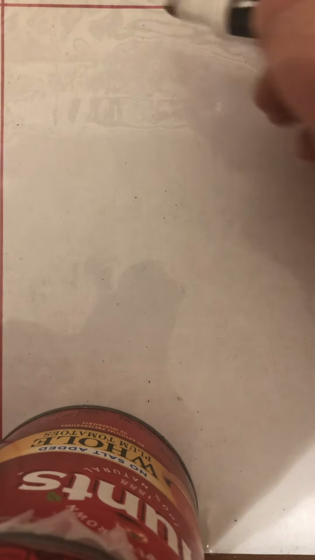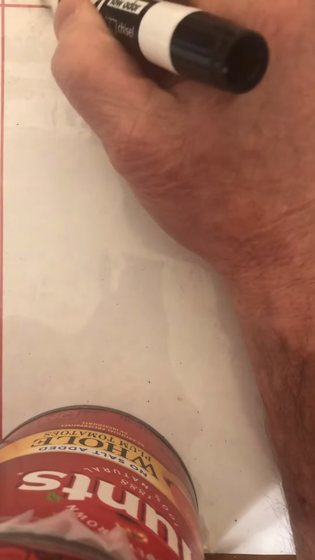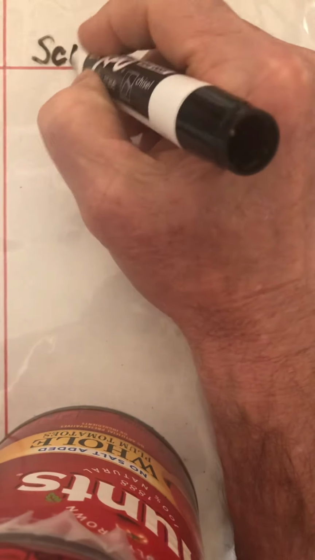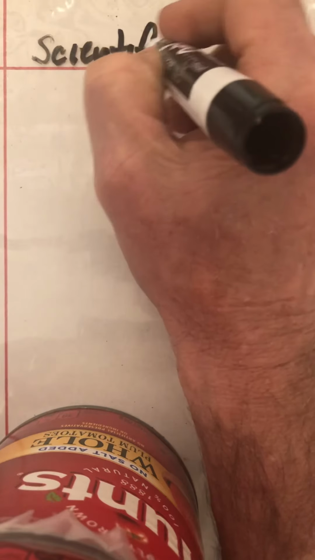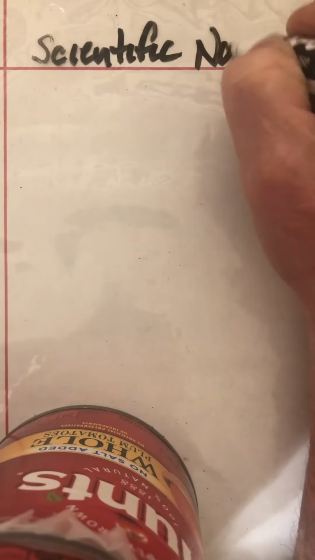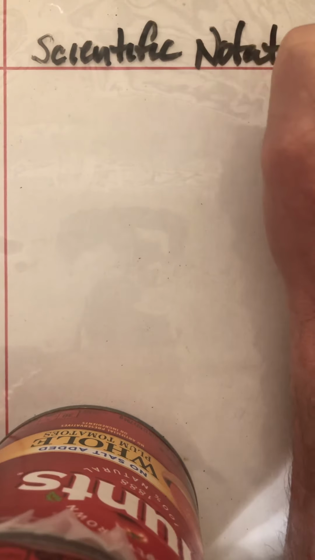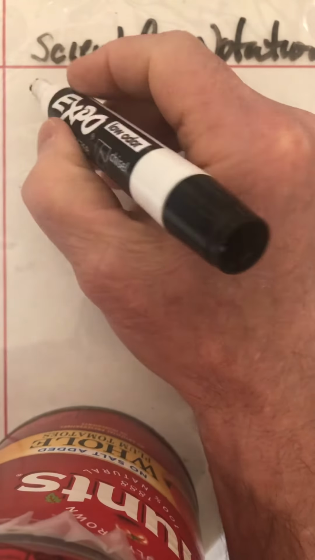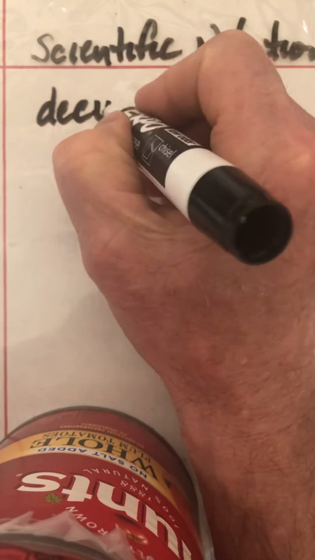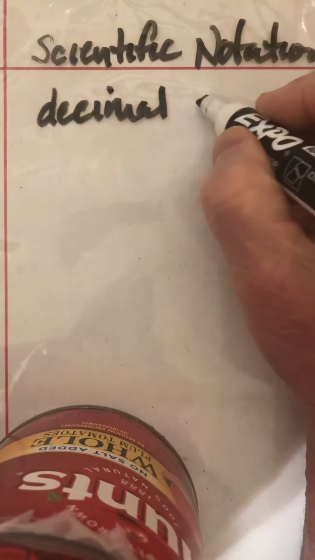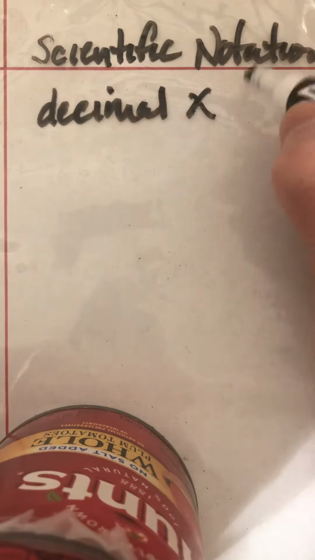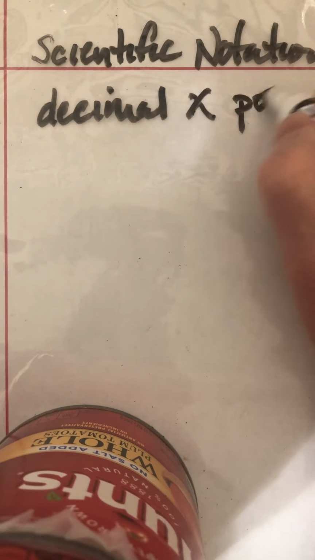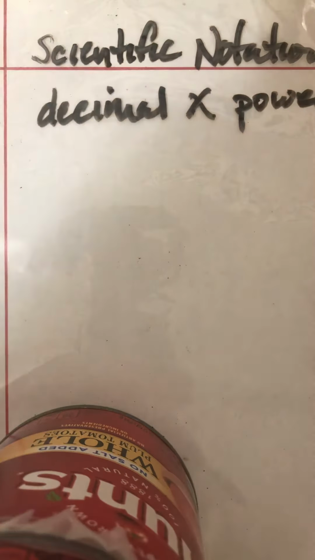So what we're doing today is scientific notation. It is a review, so we've had this before. Remember, for scientific notation we have to have a decimal, and it has to be multiplied by some power of 10.